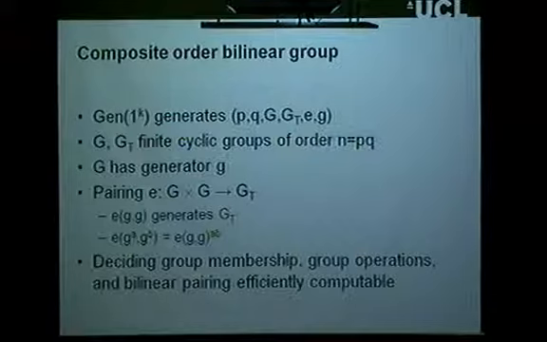I'm also going to assume for the purpose of this talk that the two groups that we use the pairing on are the same. So this is kind of a symmetric setting. You can generalize everything here. You can use prime order groups. You can use different groups here. But it complicates things, and I'll just try to keep it as simple as possible.